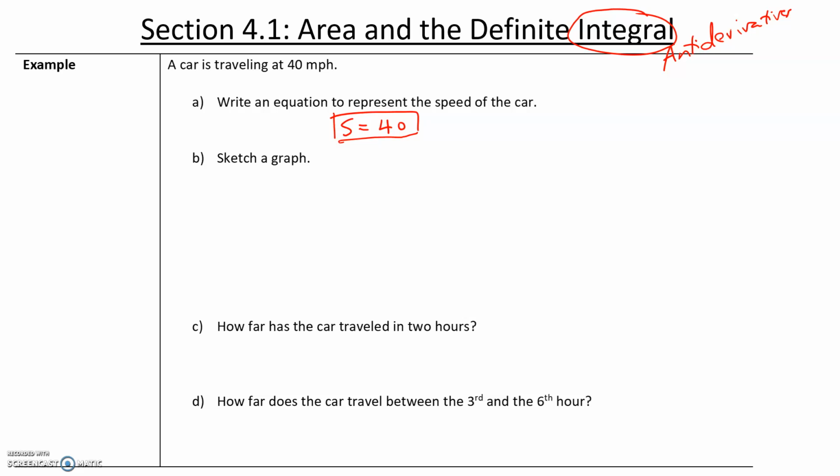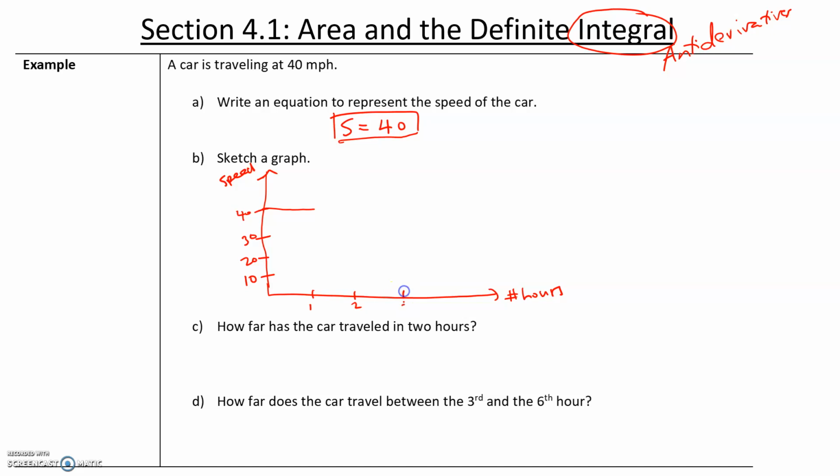Let's sketch a graph for this. Now it's 40 miles per hour. So let the x-axis be the number of hours traveled, and the y-axis be the speed. Then the speed is, this is 10, 20, 30, 40. Every hour, the car is going 40 miles per hour.